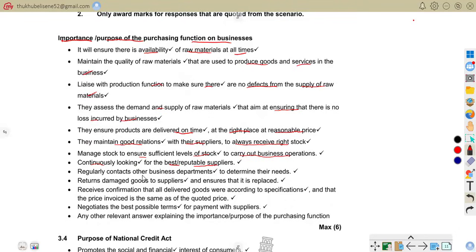They regularly contact other business departments to determine their needs. So they make sure that they connect with other departments so that they know what they need, so that they can work towards one common goal.